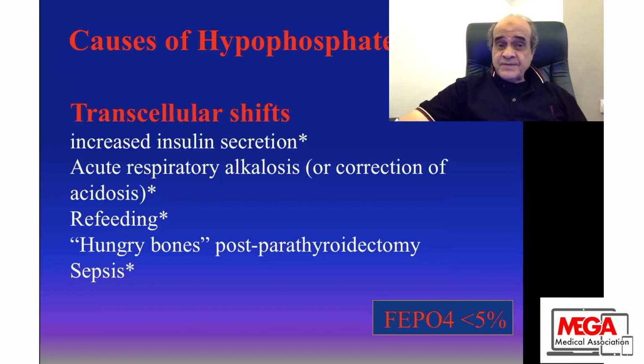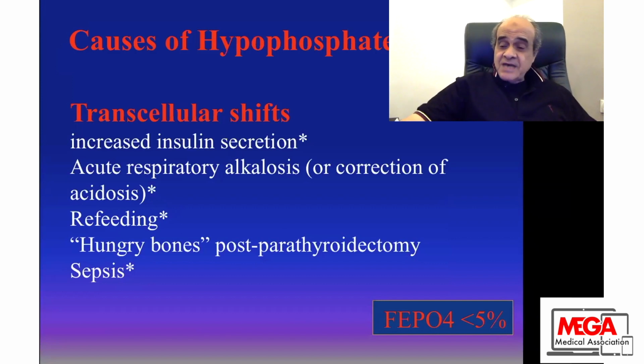Causes of hypophosphatemia in ICU: transcellular shift, very important, increased insulin secretion, acute respiratory alkalosis or correction of acidosis, and refeeding, a common cause of hypophosphatemia, hypokalemia, and so on. I think most of us saw these complications after restarting feeding in a malnourished patient. You face severe arrhythmia and even arrest if you do not correct the phosphate and potassium level.